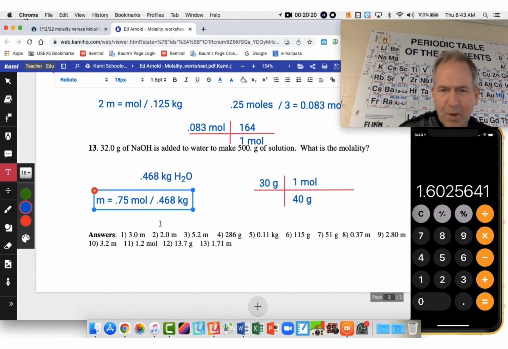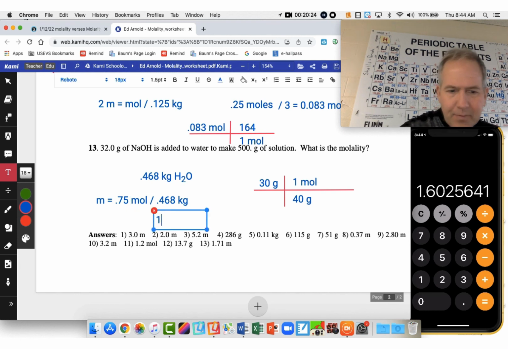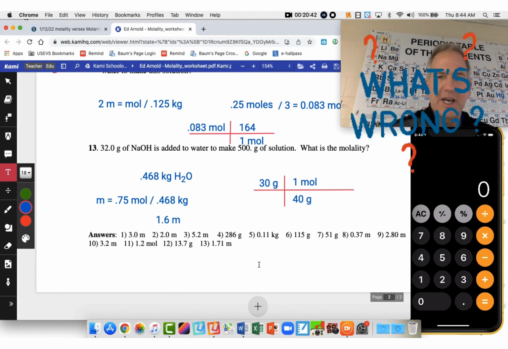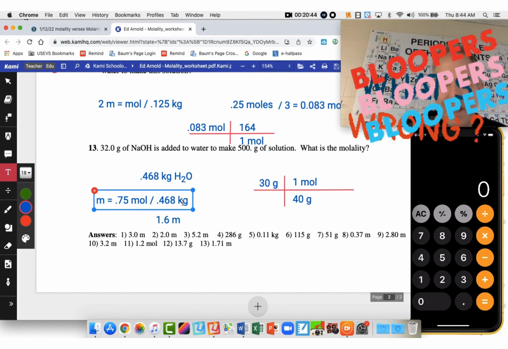I got 1.6. I know that I did that right. I bet you they did theirs wrong. Well, they would have divided by a bigger number. Okay, I won't chit-chat and waste your time with it. That's got to be right.